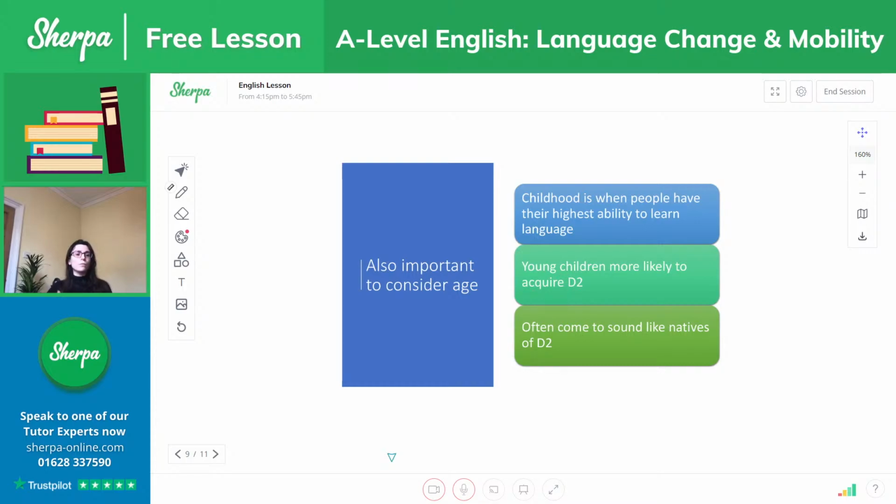If you think about people saying, "Oh, it's so much easier to learn a language," before adolescence, it's that type of thing. Your brain is more receptive to that. And then people who are really young when they move, say maybe 10 or younger, oftentimes come to sound like the native speakers of that second dialect.